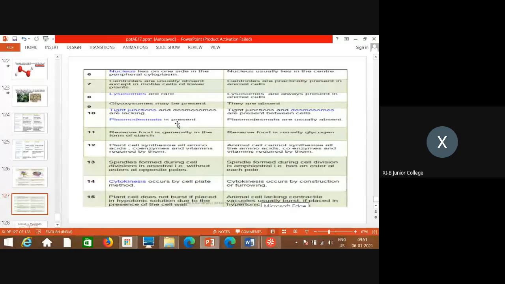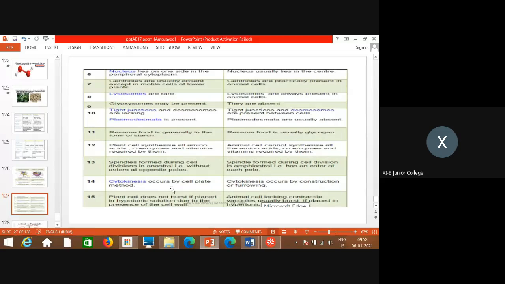In plant cells, there are a few more differences, that is, spindle-formed structures during cell division. The astral and anastral types of structures are seen here, whereas in animal cells, this point you will not understand right now, so I will not discuss it, because during cell division you will understand what exactly it is.